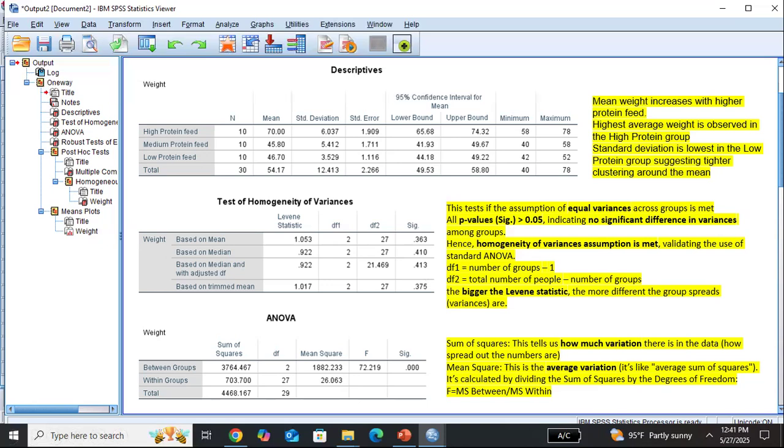So if Levene's test shows a value greater than 0.05, it means the equal variances assumption is approved. And once equal variances are approved, you can apply the ANOVA test and also Tukey's test. So here all the values are greater than 0.05, so now you have the leverage to apply the ANOVA test.